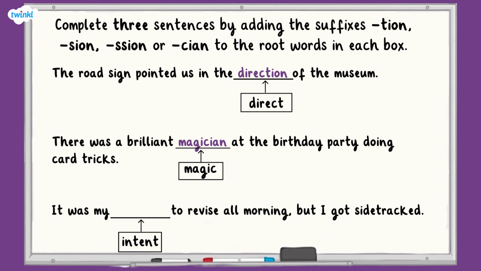Magician is spelt magician. Finally, the word intent ends in a T, which means that we should use the suffix tion to create intention. Intention is spelt intention.